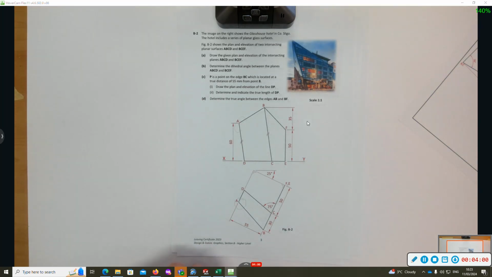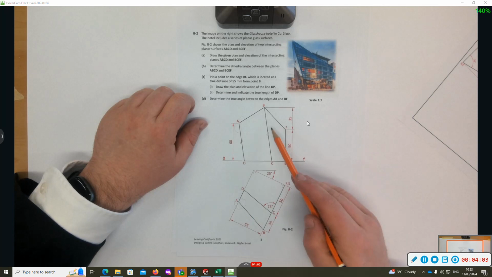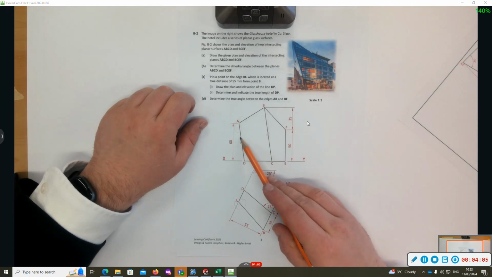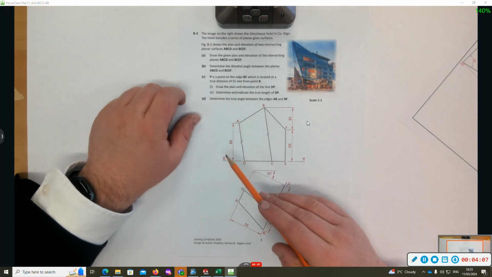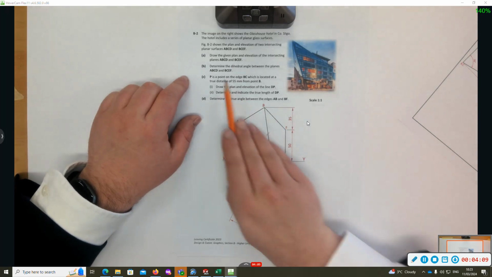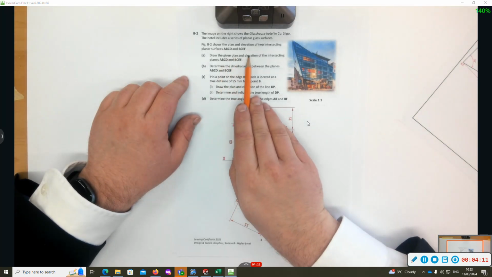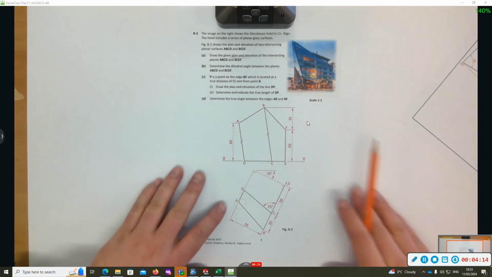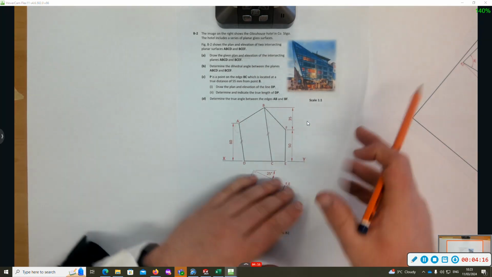We don't know where point A is in plan view, but what we do know is BC is parallel to AD in elevation, and parallel lines are parallel in every orthographic view, and they tell us to draw the given plan and elevation as a hint. So we'll start with the plan first.